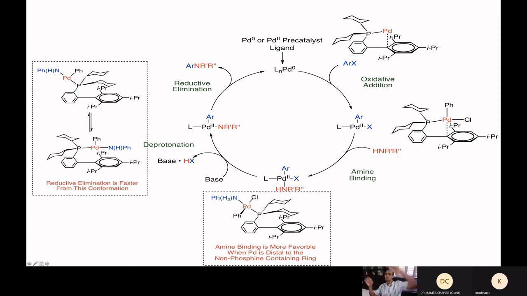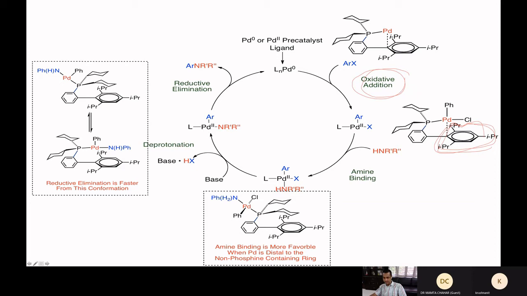So overall, what you are seeing is that palladium is in here, it goes out, again comes back in, an on-off type of situation. Overall, this on-off cycle helps precisely where help is needed. During the oxidative addition stage, you need the palladium to be on the phenyl ring. So that's fantastic, it is on there.